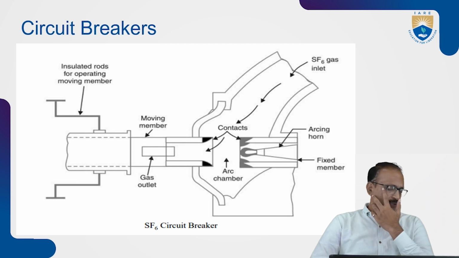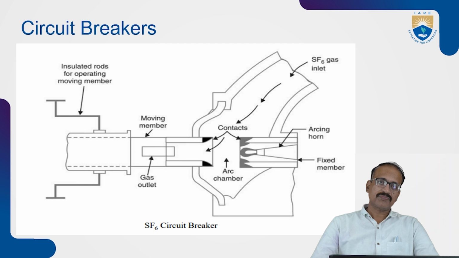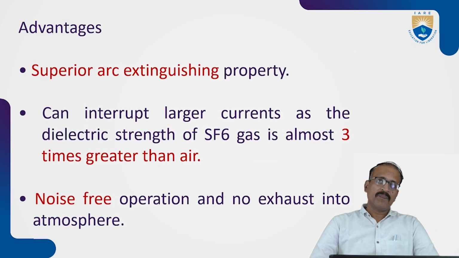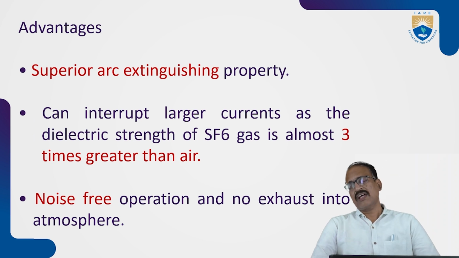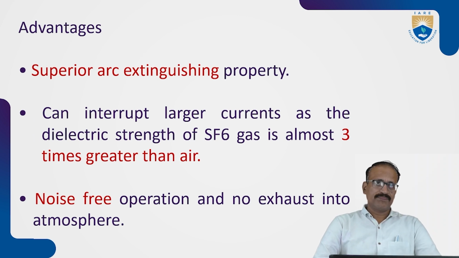This is the diagram of this circuit breaker, and it is almost similar. It has a chamber, a fixed contact, a moving contact, and SF6 is sent into the chamber. The first advantage is its superior arc extinguishing property compared to all the previous circuit breakers.